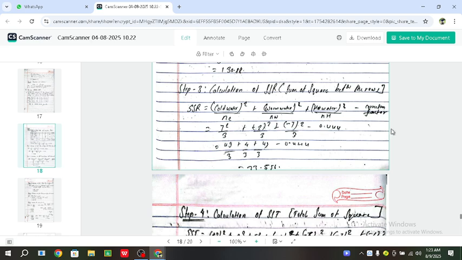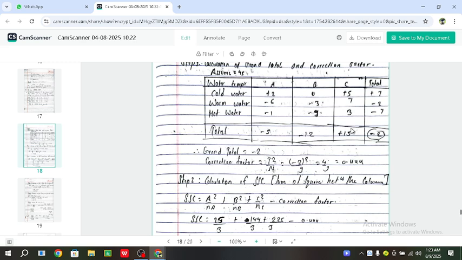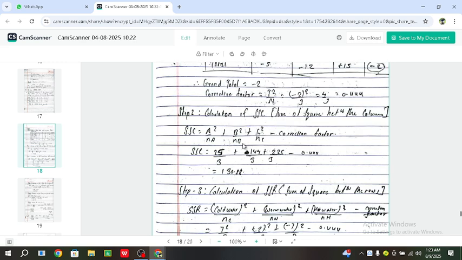Now correction factor should be there, and let's put the value the same and calculate, getting this 33.556. Now step number 5. Step number what? Step number 2. Step number 1 is to manipulate to get the grand total, and step 2 is to get the column.